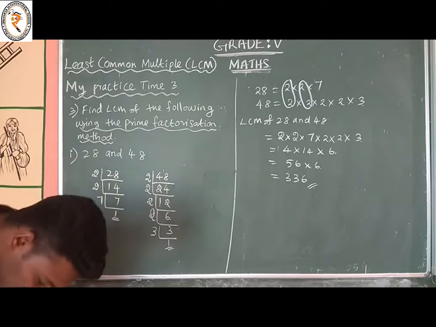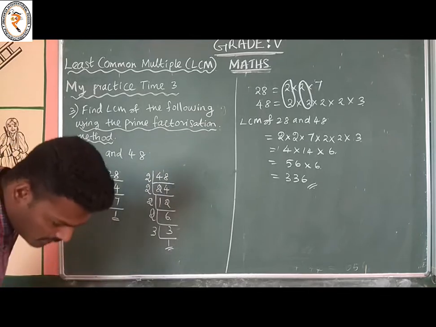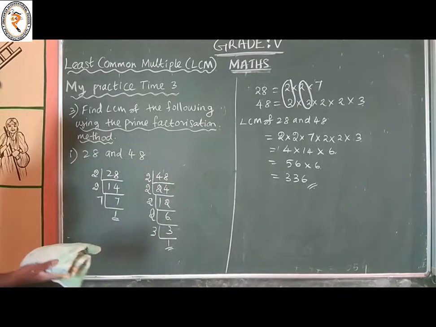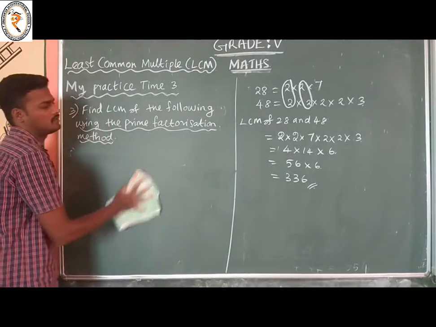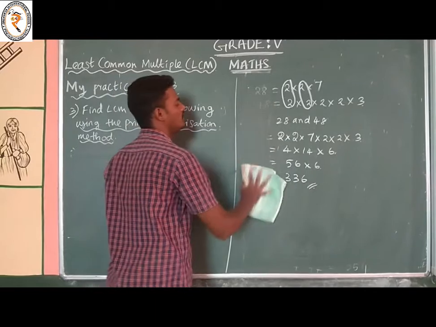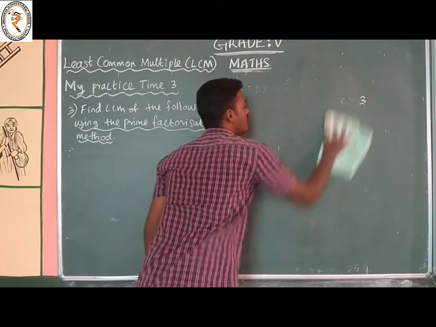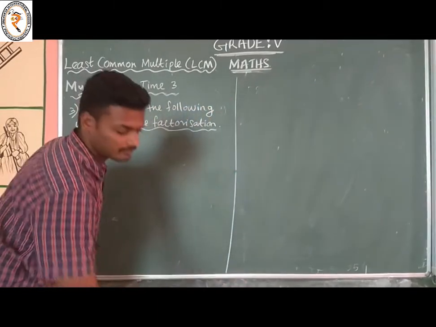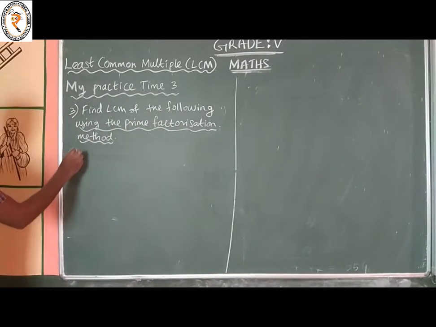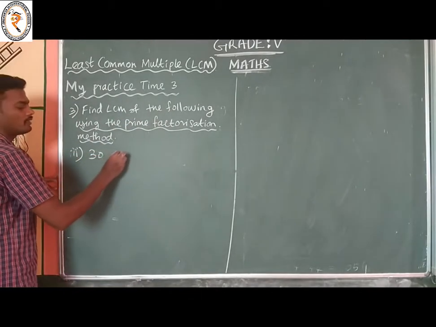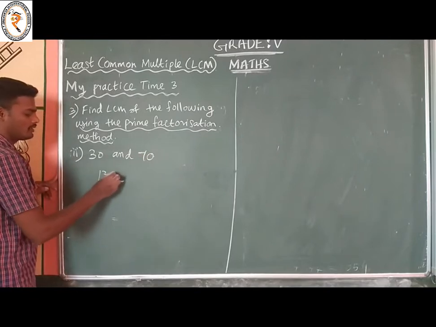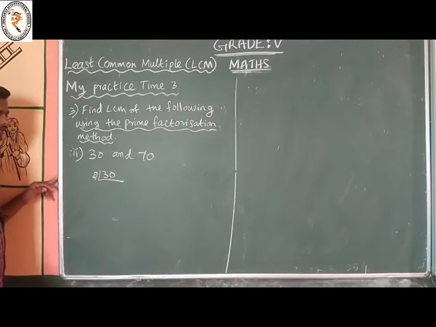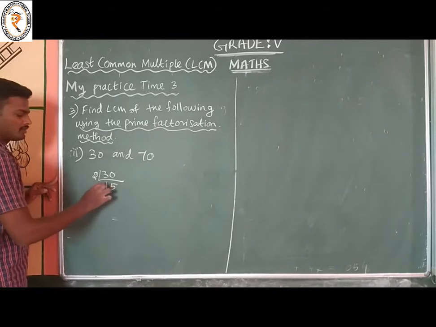And the second sum, 30 and 70. 30 in the second table comes 15 times.